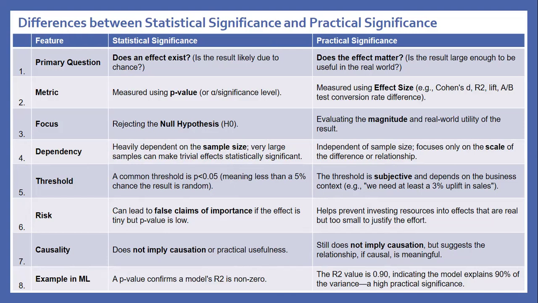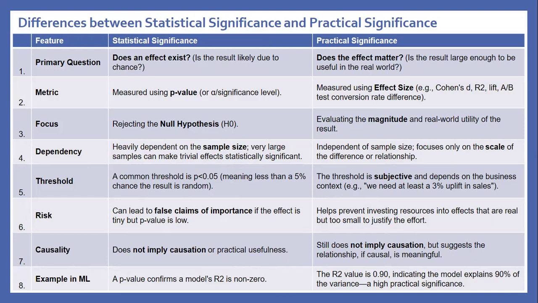Threshold: for statistical significance, a common threshold is p less than 0.05, which means less than a 5% chance the result is random. For practical significance, the threshold is subjective and depends on the business context. Example: we need at least 3% uplift in sales.